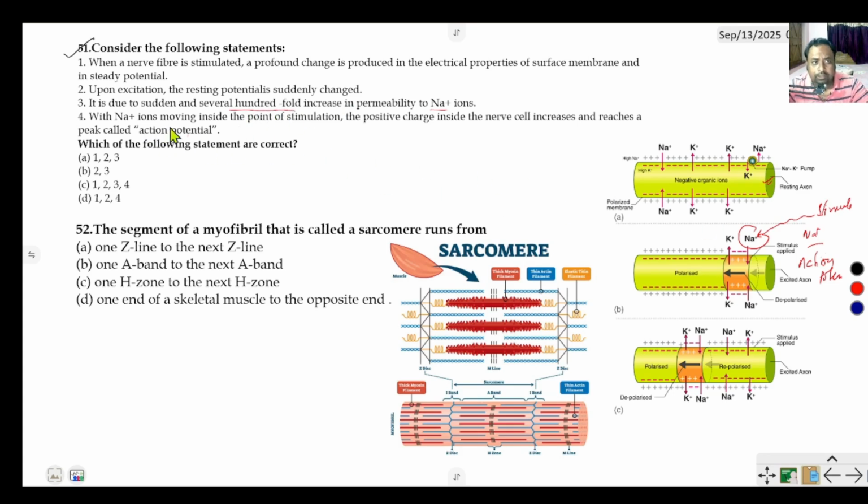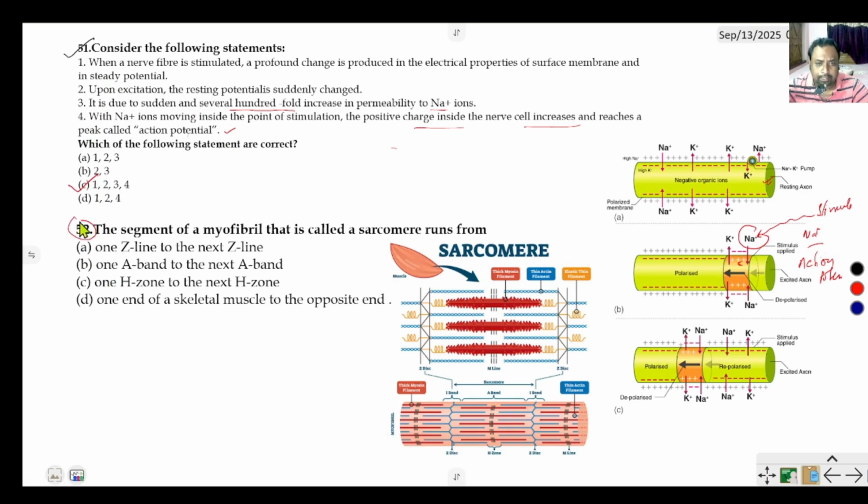And with sodium ions moving inside the point of stimulus, the positive charge of the nerve cell increases. The positive charge inside means Na plus charge is increased inside the nerve cell and forms the action potential. So here 1, 2, 3 and 4, all options are correct.